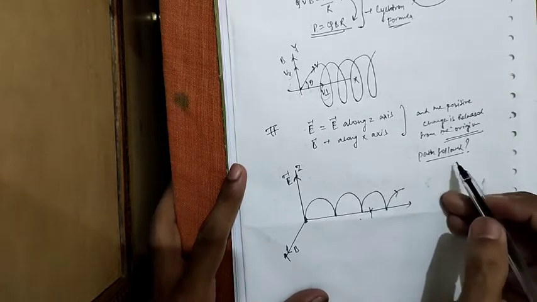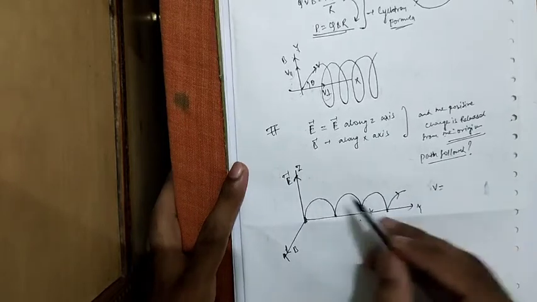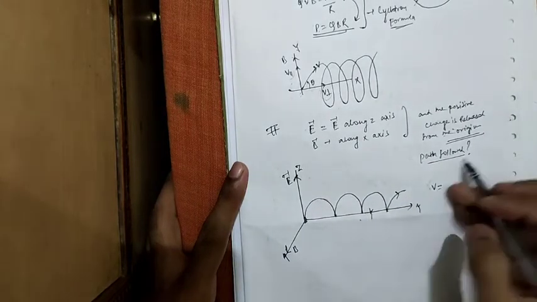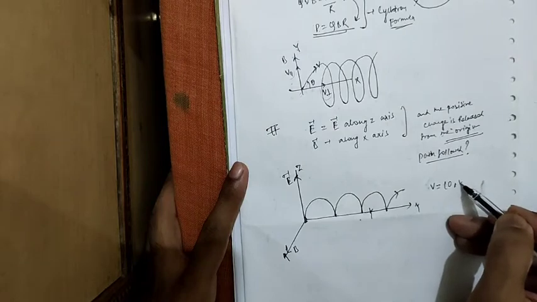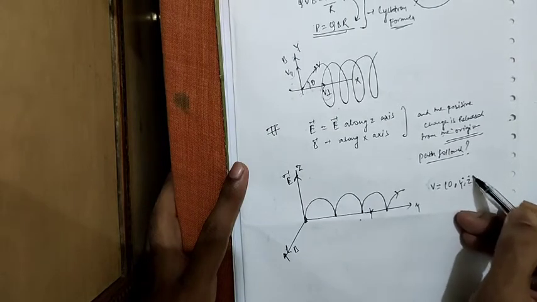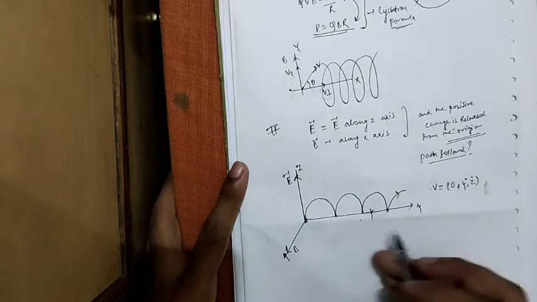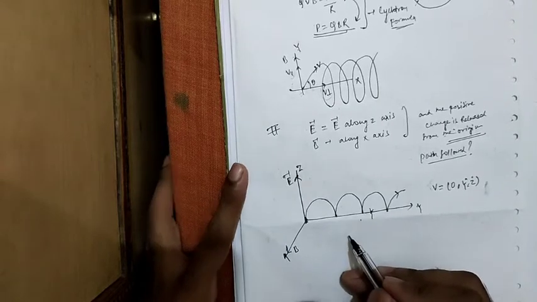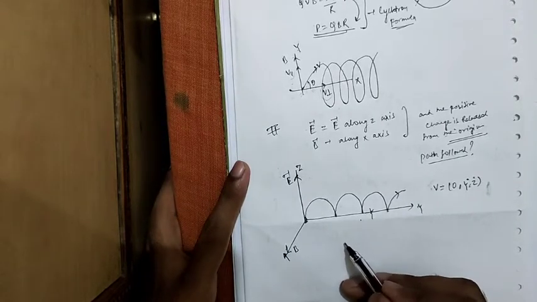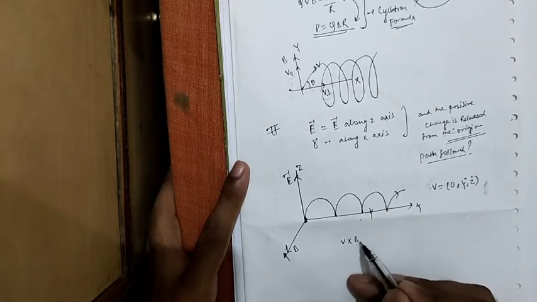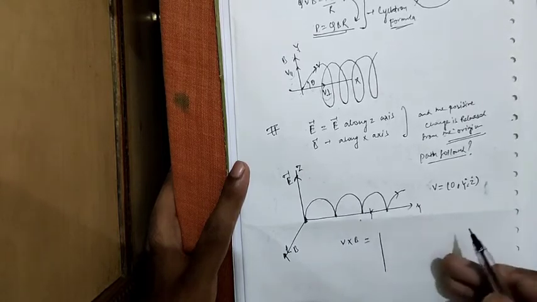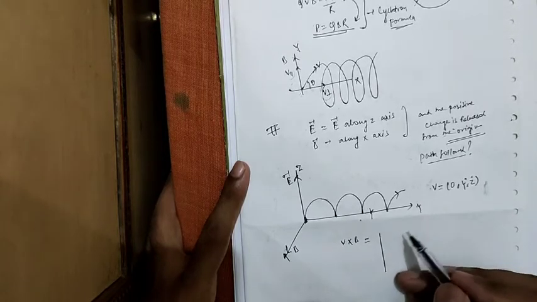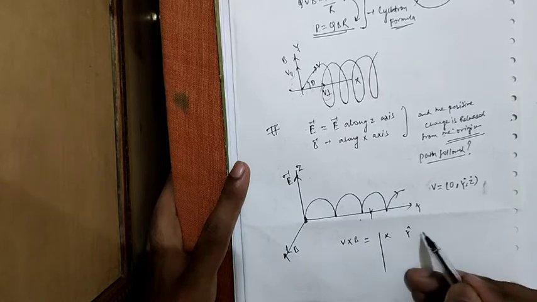As we know, velocity here is only along the y-axis and z-axis, so y dot and z dot, as there is no motion along the x-axis. Then by the Lorentz law, we can first calculate v cross B, with velocity components x, y and z.